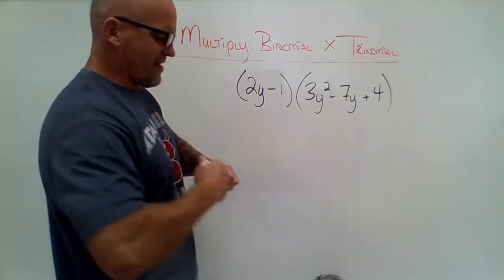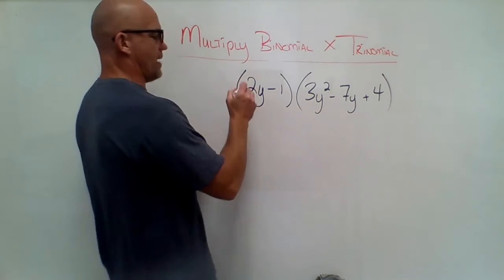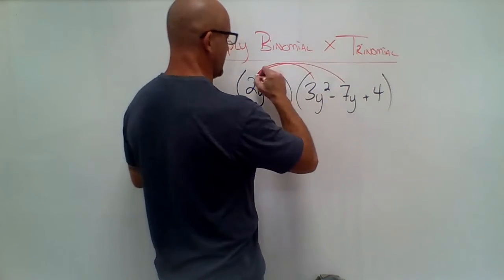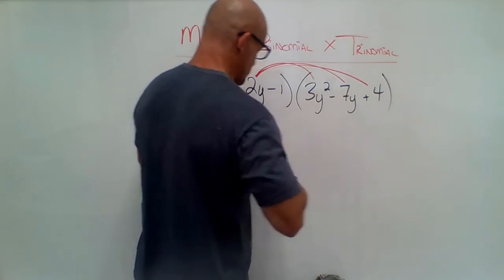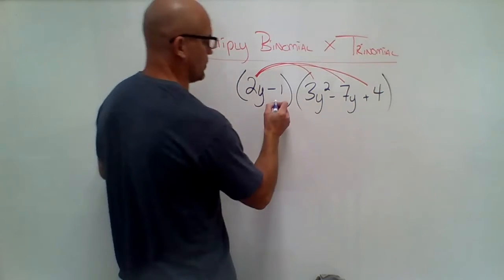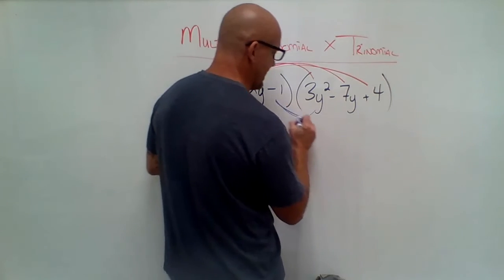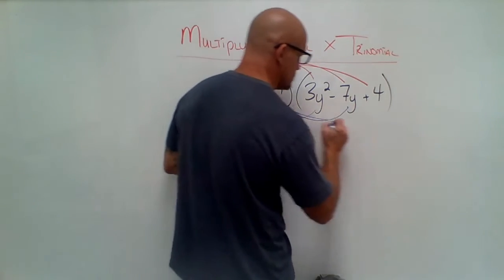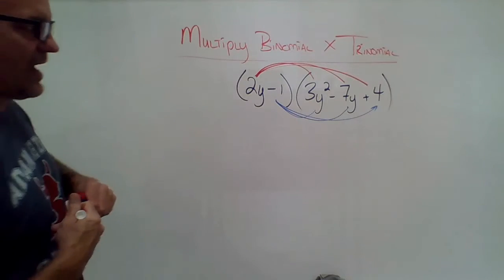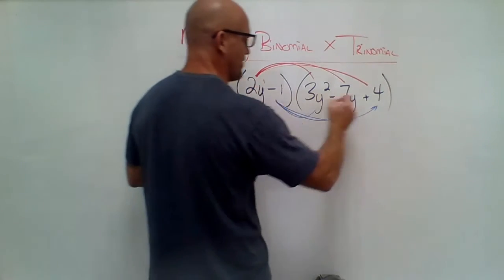Meaning, I'm going to have this 2y, and it's going to distribute into everything in that trinomial. Then, after that, I'm going to take that negative 1, or minus 1 here, and distribute that into everything in the trinomial. So let's go ahead and start with 2y. Keep in mind, anytime you have a y, it has a power of 1.